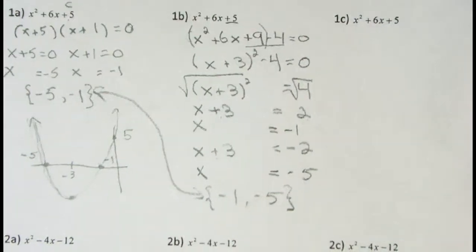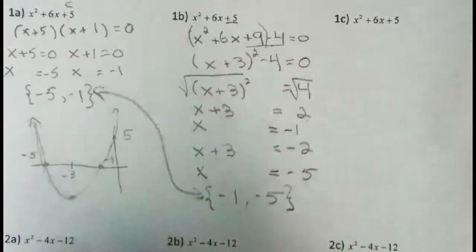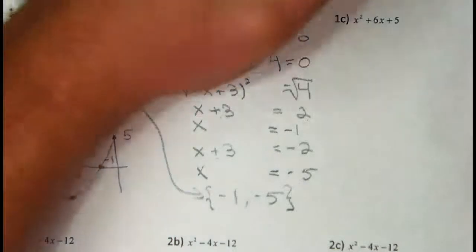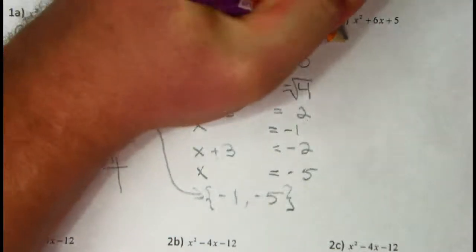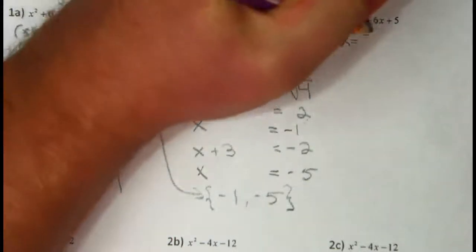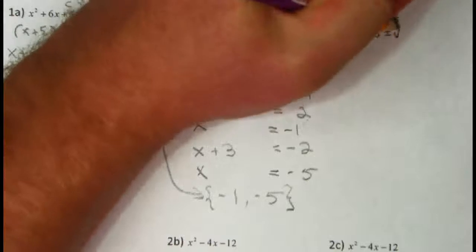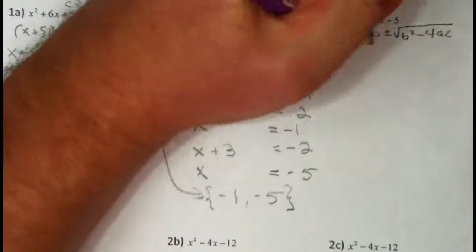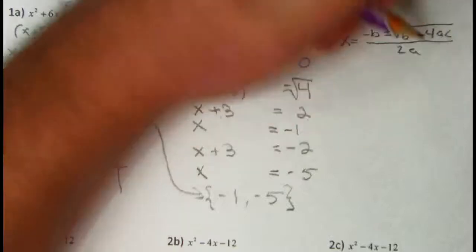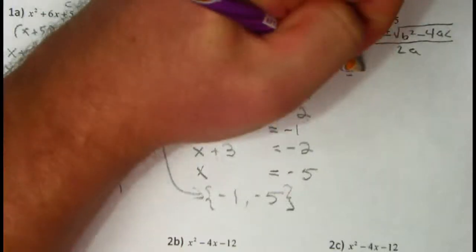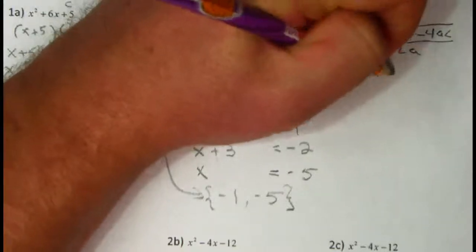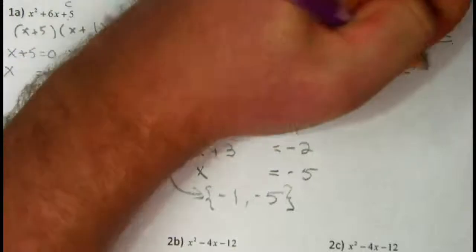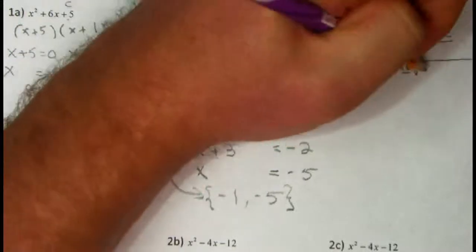And then lastly, just prove one more time that you get the same answer. Use the quadratic formula. Always recommend using a skeleton to start off with. So that's just empty parentheses for all the numbers you're plugging in.